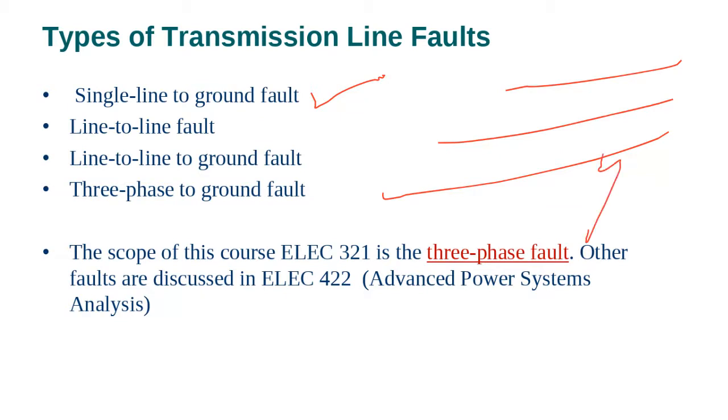If it touches just one, and this is the most common, then we get a fault in one transmission line. So this we call single line to ground.